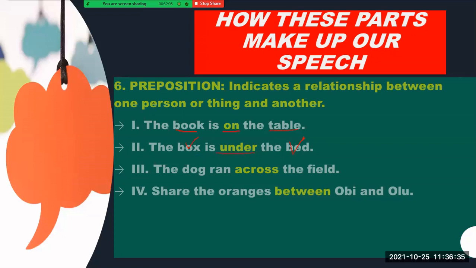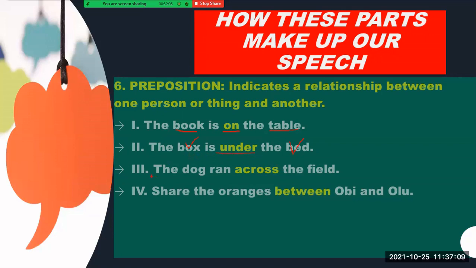If someone is looking for a box, you can say, go into the room and you have to look under the bed. You will find the box under the bed. That gives a clear direction on where the box can be found by indicating the relationship the box has with the bed. Then it will enable the listener to find the box.